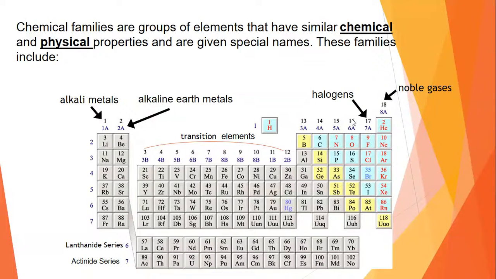Okay, so chemical families are groups of elements that have similar chemical and physical properties, and some of these are given special names. So the ones that we need to be really familiar with are Group 1, the alkali metals, Group 2, the alkaline earth metals, or just the alkaline earths, Group 17, which are the most reactive nonmetals, called the halogens, and then Group 18 are completely unreactive, what are known as the noble gases.